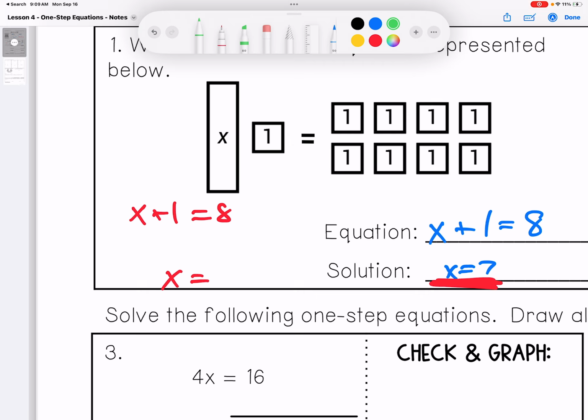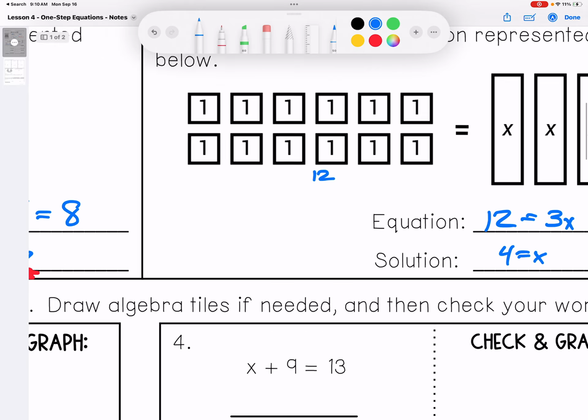If we're adding 1 on this side, what do we need to do to make it 0, to get rid of it? We need to subtract. And whatever you do to one side, you have to do to the other. So you subtract 1 over here. 1 minus 1 is 0, which is what we said it would be. Now, what is 8 minus 1? It is 7. Yes, that's exactly what we got over there.